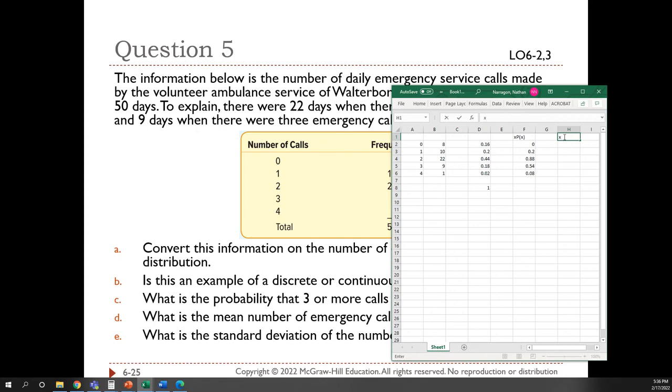at X minus mu, which I'm going to put X bar, or we can put mu. Mu, again, average is the sum, or mu is the sum. So this will equal X minus 1.7. There we go.